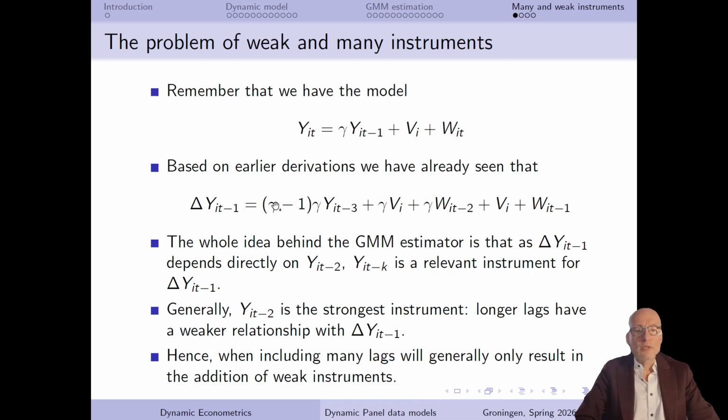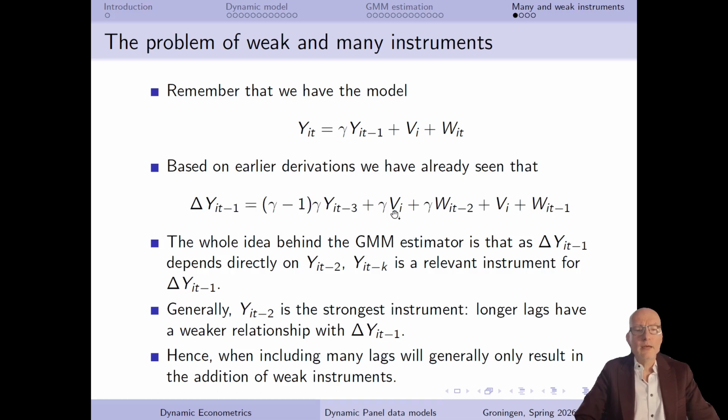That means that YIT minus 3 is also going to be a relevant instrument for our endogenous regressor delta YIT minus 1. However, take into account that the coefficient is different. We still get gamma minus 1, but we now multiply it with gamma. Because gamma is between 0 and 1, this coefficient is generally smaller than the coefficient we had with respect to YIT minus 2.